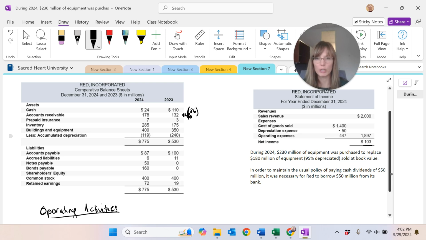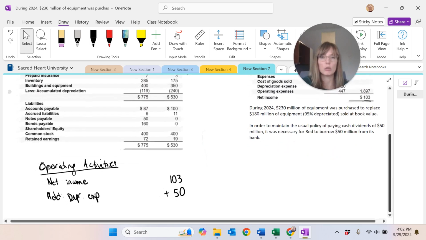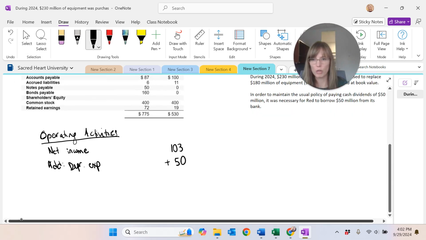Sales on credit means your net income is higher than your cash from operating activities. And so what we need to do is subtract out the increase in accounts receivable. So we didn't get this cash revenue.